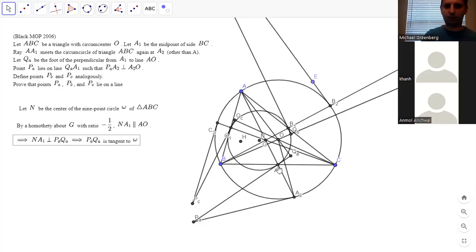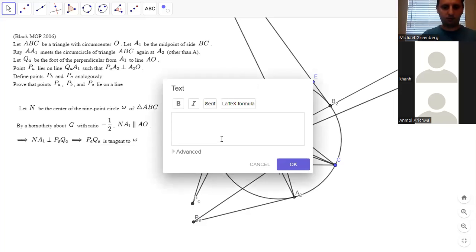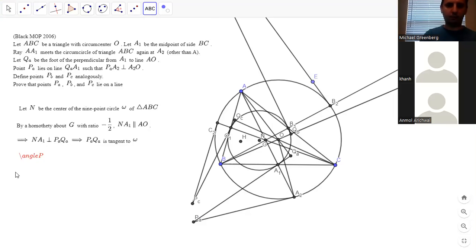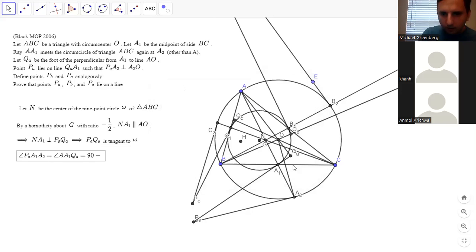But we want to show that this is isosceles, and that should just be an angle chase because angle PA-A1-A2 is going to be equal to angle A-A1-QA. And that's 90 minus A2AO.